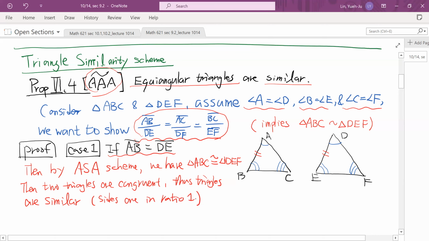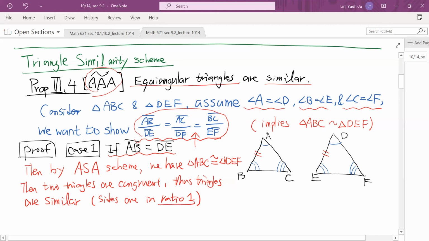Because if it's congruent, then the ratio AB over DE is equal to AC over DF and equal to BC over EF, because the sides will be exactly the same. So the ratio is actually 1.